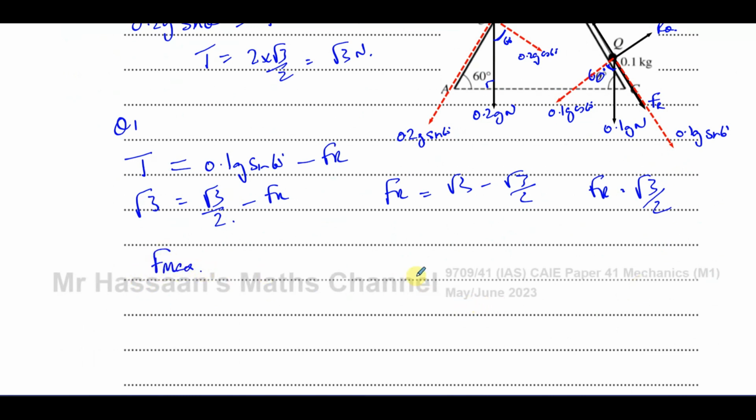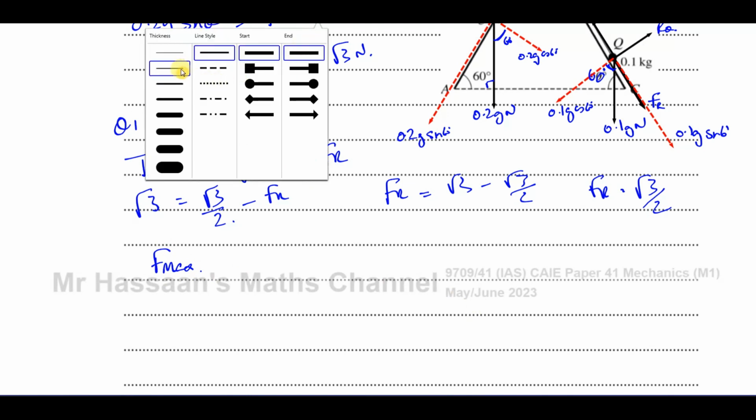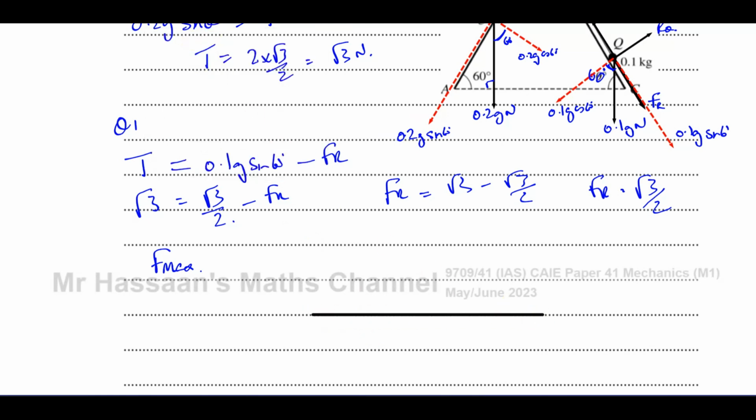Just for those who are not sure, who have got lost, maybe a few of you didn't understand friction very well. If you have a rough surface and an object resting on it, and no force is being applied pushing in any direction, it has its weight acting down and a reaction force acting up.